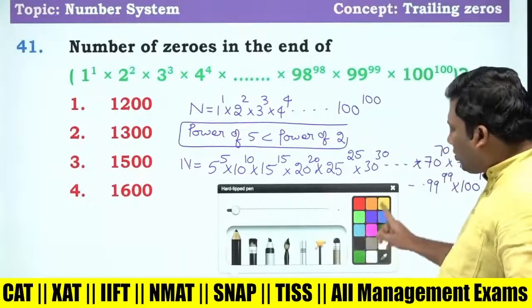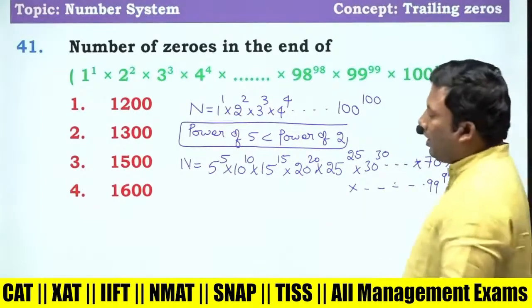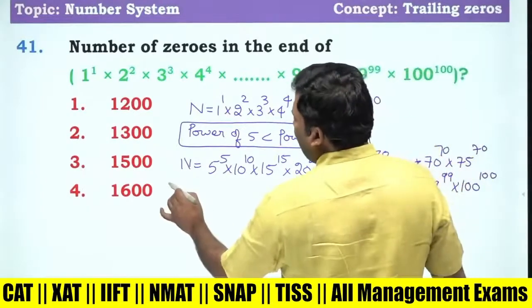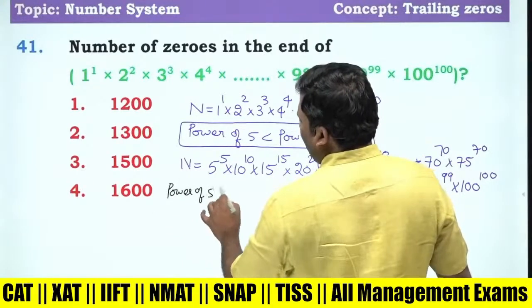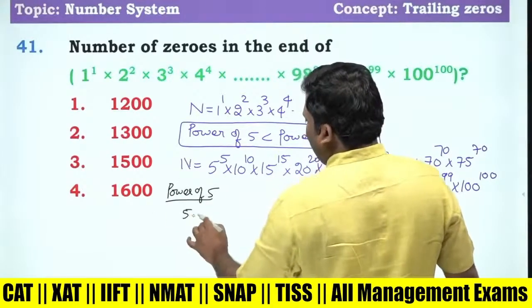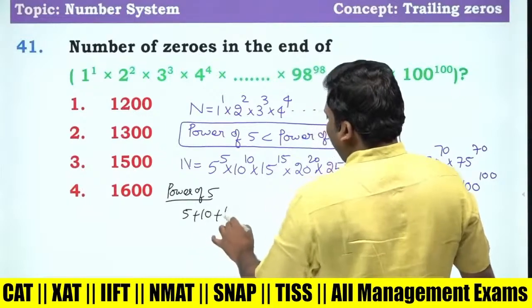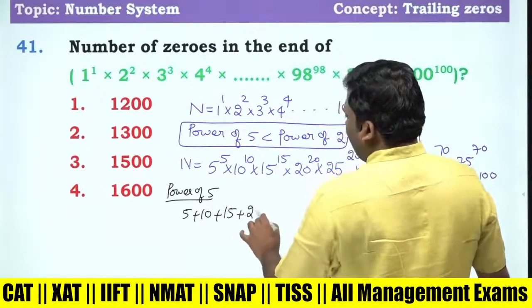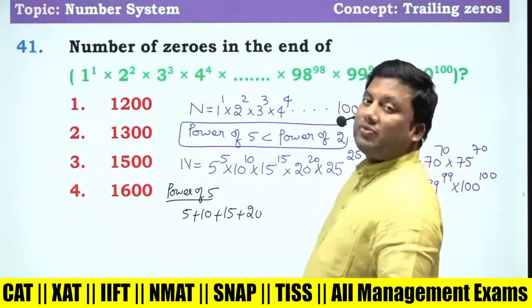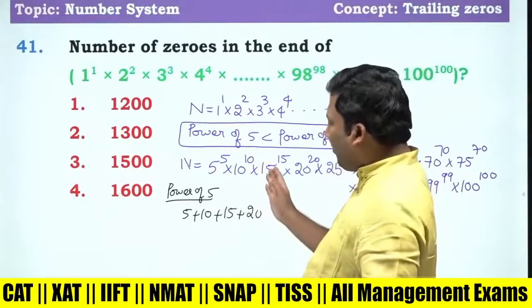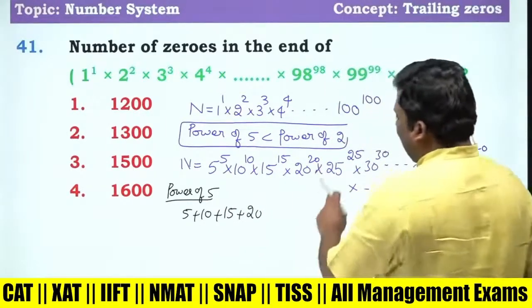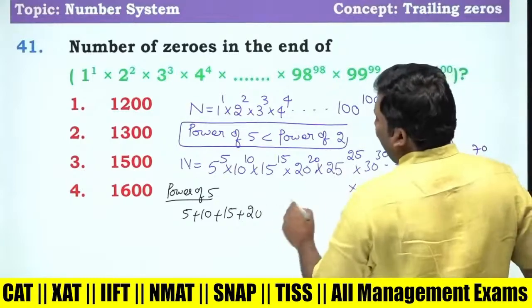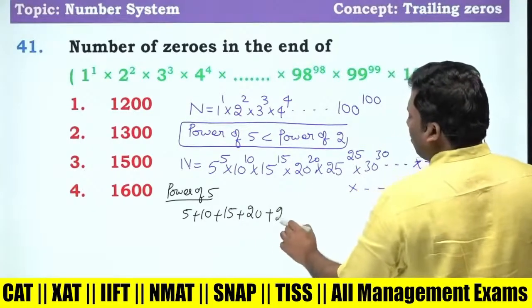How do you get the number of zeros? It is based on the power of 5s. So this will be 5 plus 10 plus 15 plus 20. 10 can be written as 5 into 2 power 10, so 5 power 10; 5 into 3 power 15; 5 into 4 power 20. 25 is 5 square, so I will get 2 into 25.